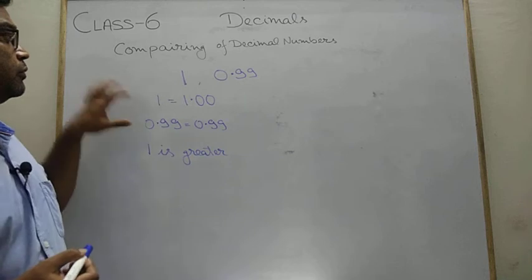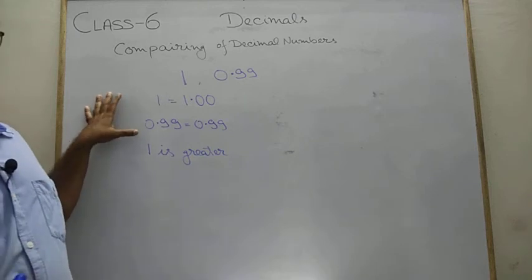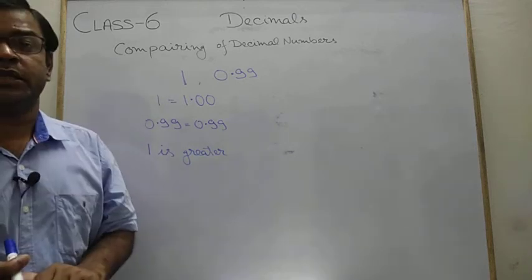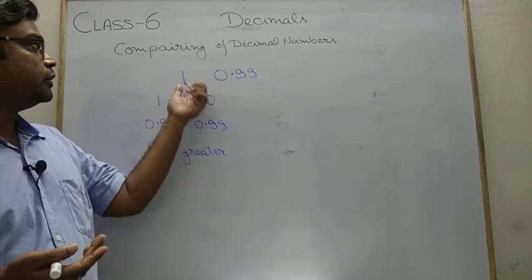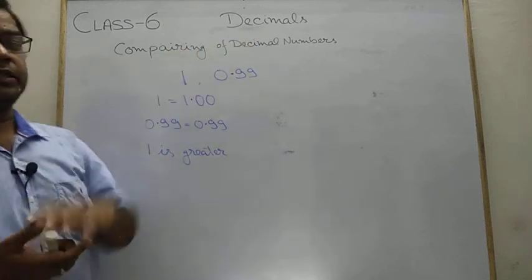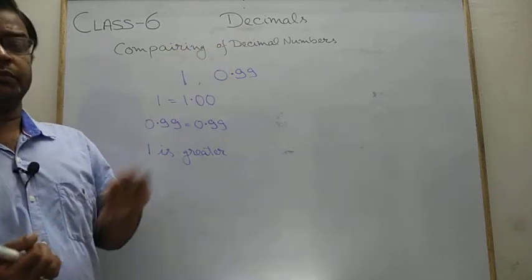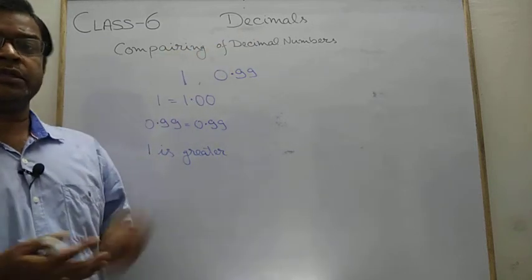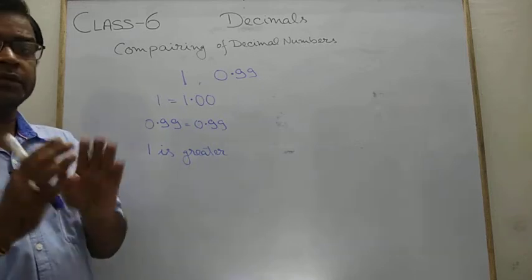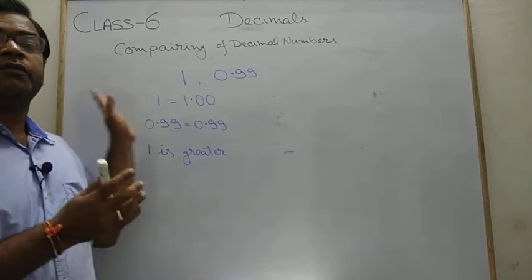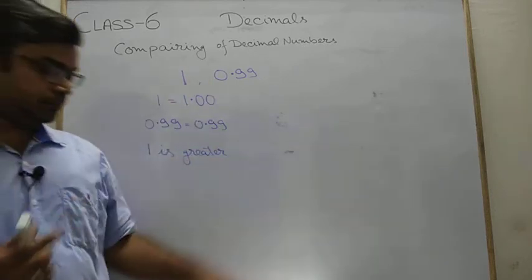My aim of discussion is to complete the concept of comparing decimal numbers. So we first make them into like decimal numbers, then you can easily compare them. Always remember, we must compare from left hand side to right hand side.